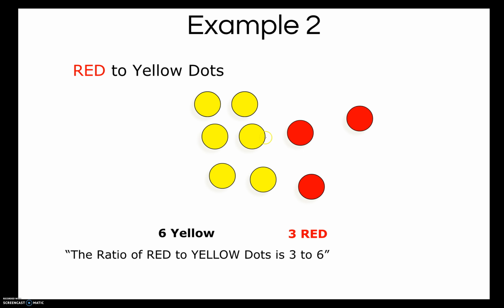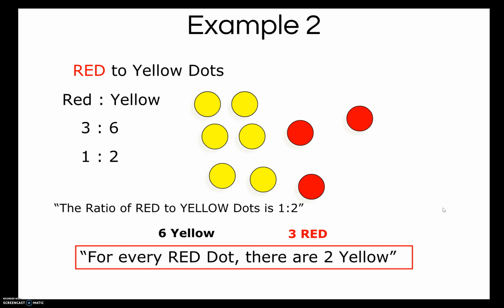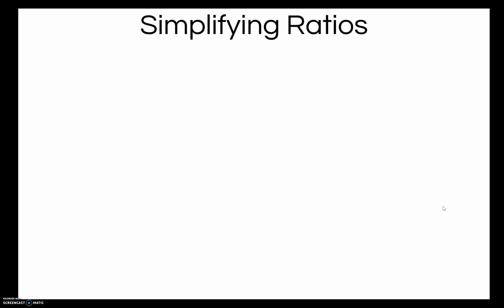So when I simplify that, it would be simplified to 1 to 2. Oh, I'm sorry, because it said red to yellow, we're looking at red first. So red to yellow: for every red dot, there are 2 yellow. Now, what does simplifying ratios mean? And you have an example, a little box on the bottom there for you to simplify.